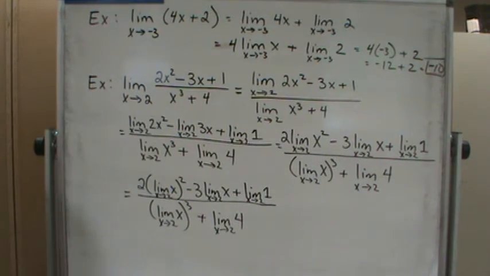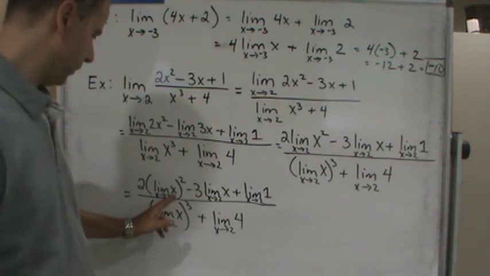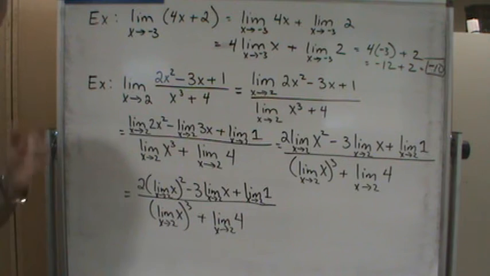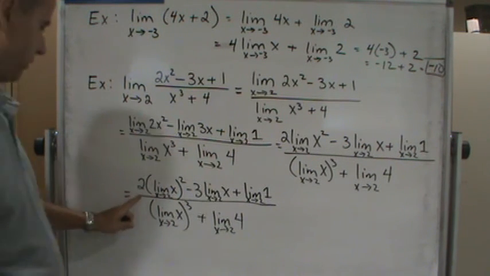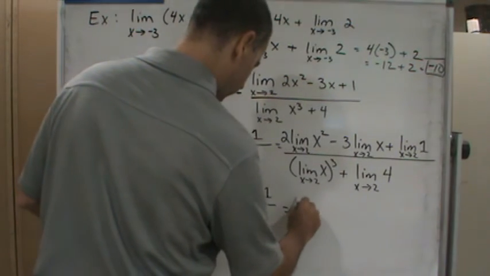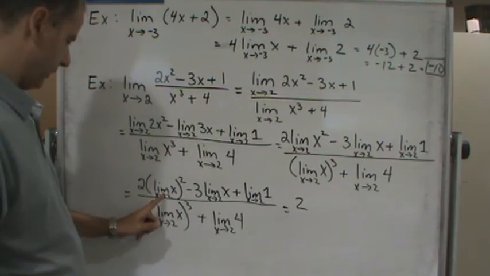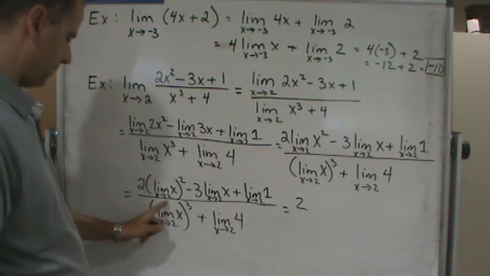Okay, so now notice that we can just apply the basic rules, the two basic rules that we talked about. And so now this is going to become 2 times what? The limit of x as x approaches 2, right?